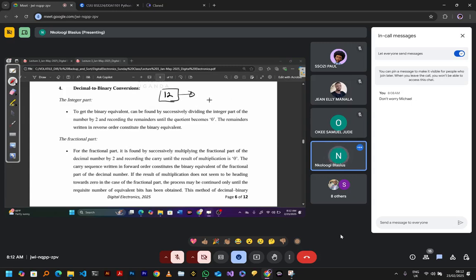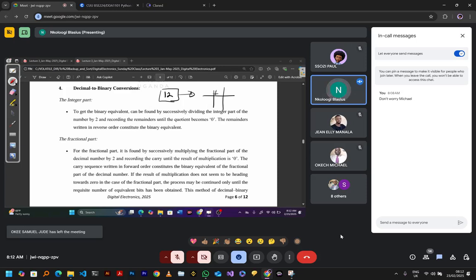And just to recap a little bit, if you have this number and you wanted to convert to binary, then you have to have some simple table, and you assume that this is your dividend in the middle, and then the divisor is always the base that you want to convert to.